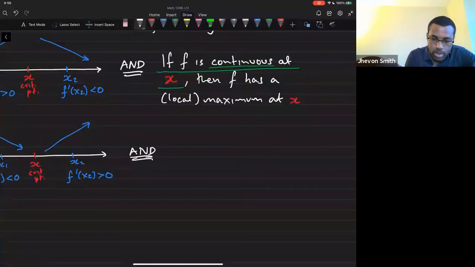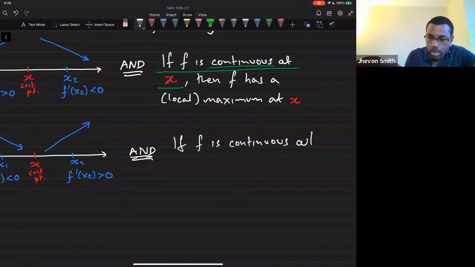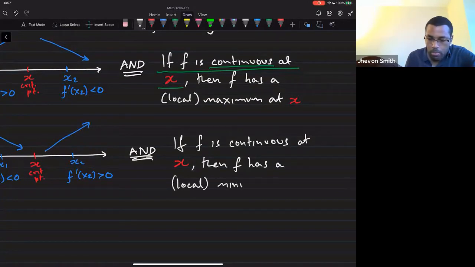So if f is continuous at x, then f has a local minimum at x.